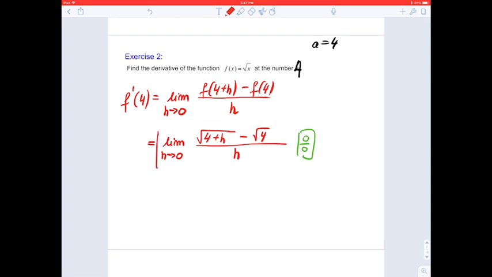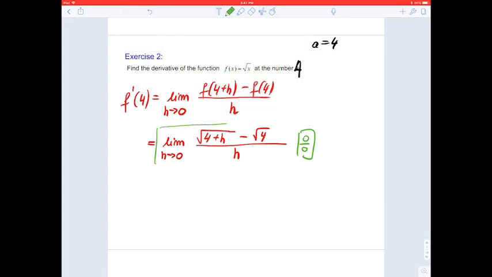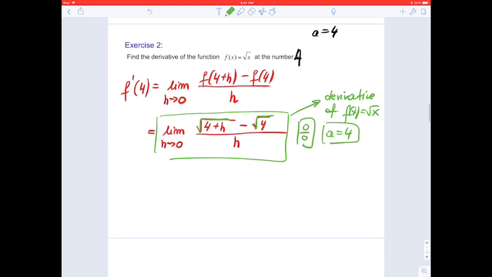Okay? But again, let me point this. This limit represents the derivative of the function, and we can recognize square root of x at 4. Okay?